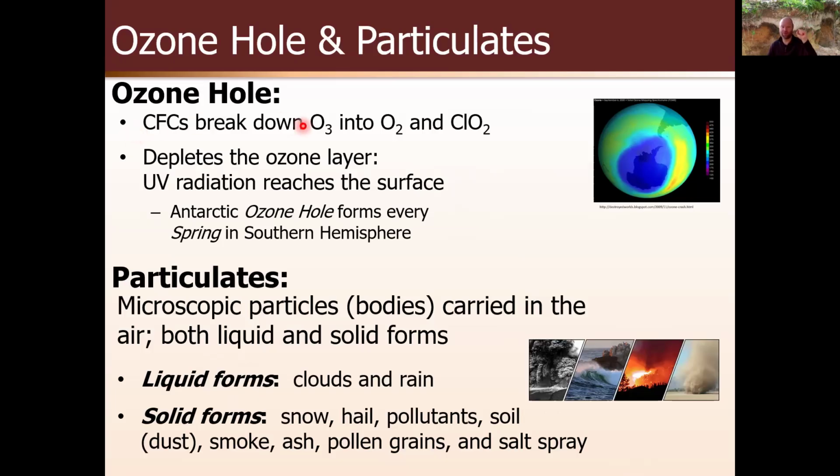Literally, that CFC goes and it splits ozone, and through that reaction forms oxygen and chlorine dioxide. But that reaction can occur multiple times. And so one CFC molecule can break down many ozone molecules, being incredibly destructive.